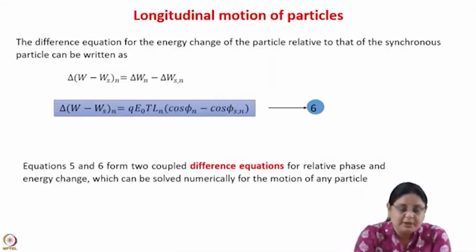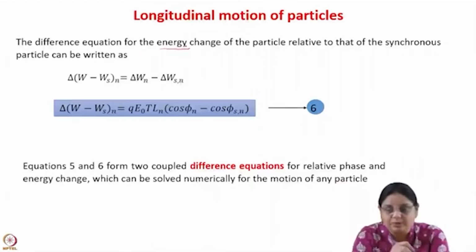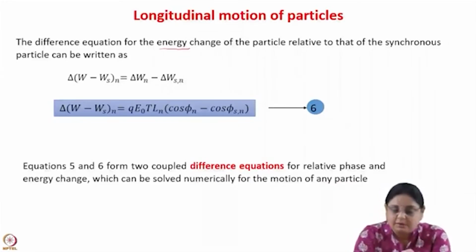Now similarly we can write the difference equation for energy change as the particle travels from the n minus 1th gap to the nth gap with respect to the synchronous particle. We can write this as delta W minus Ws as it travels from the n minus 1th gap to the nth gap, which is delta Wn minus delta Wsn.